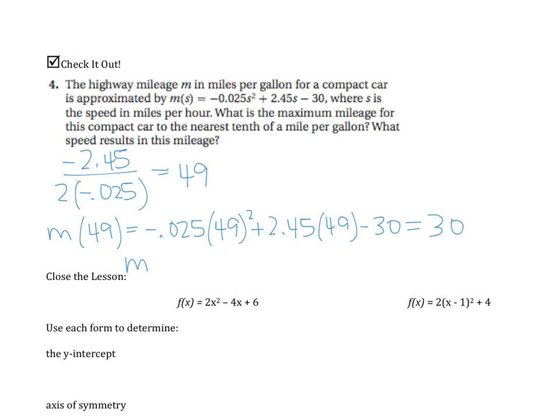So the max is 30 miles per gallon at 49 miles per hour.